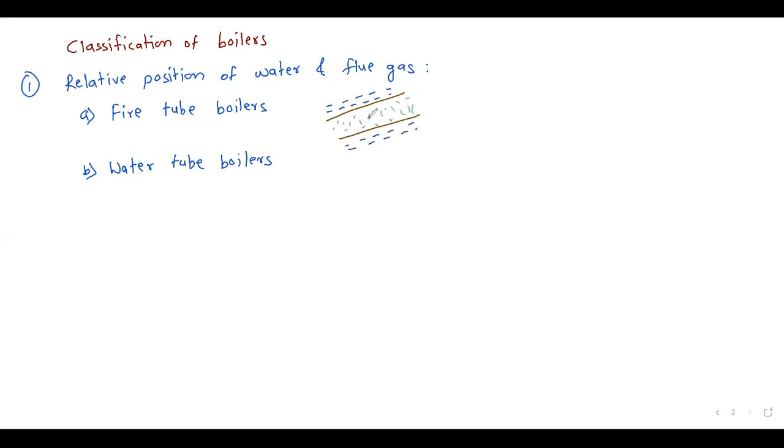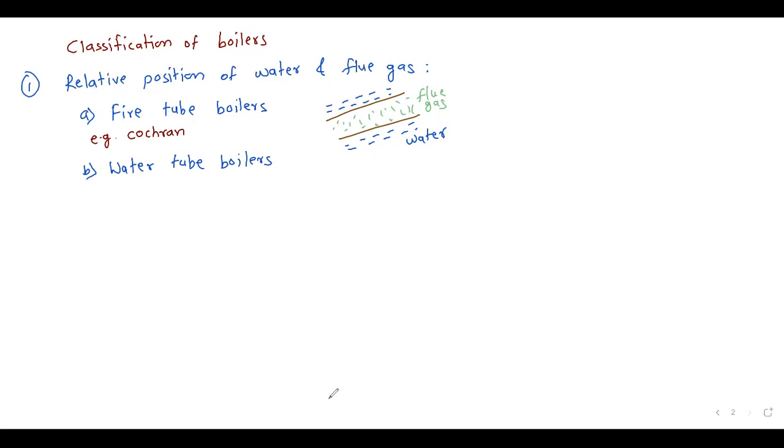So what is flowing through the tubes? Flue gases. Water is surrounding the flue gases, that's why these are called fire tube boilers. What are the examples of fire tube boilers? We have already discussed in previous videos: basically a Cochran boiler you have to remember.